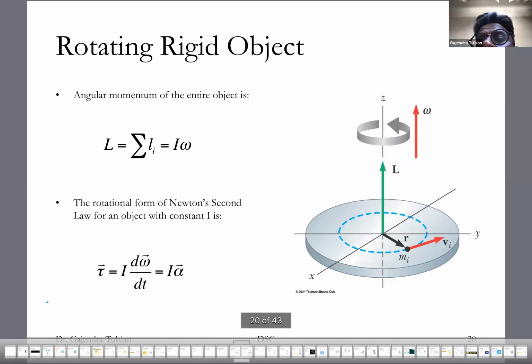So that's what's shown here. Here's a disk, a rigid rotating object, and the angular momentum of each particle is Li. If you take the sum, the angular momentum of each particle added up, what you find for the angular momentum of this object is I, the moment of inertia, times the angular velocity.